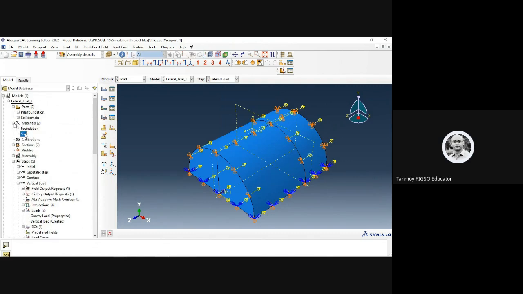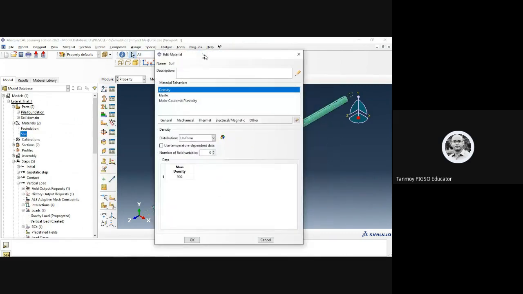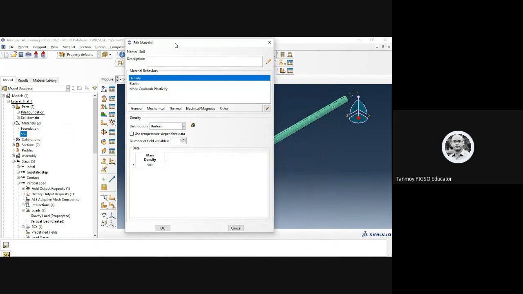So here we have used the Mohr-Coulomb model. Today we are going to use the Drucker-Prager material model and see how the response is.